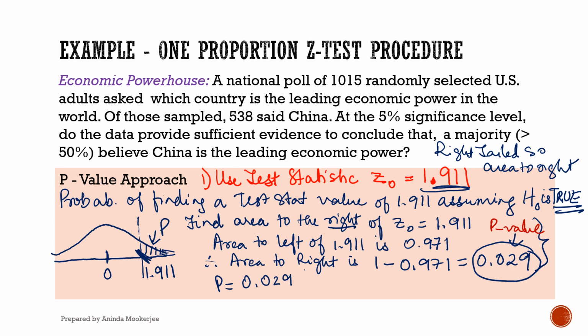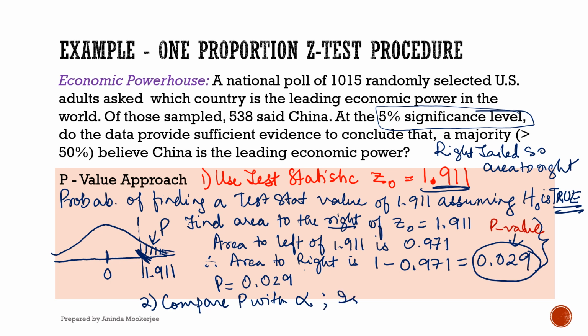In the second step, we compare p with alpha. That's where our significance level comes into play and is being used to take a decision. So compare p with alpha and see if p is less than alpha. If p is less than alpha, reject null hypothesis. If not, do not reject.